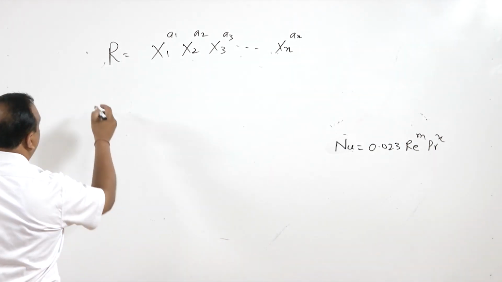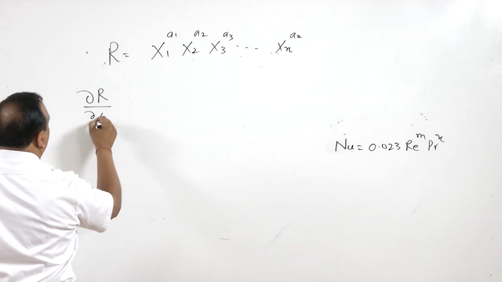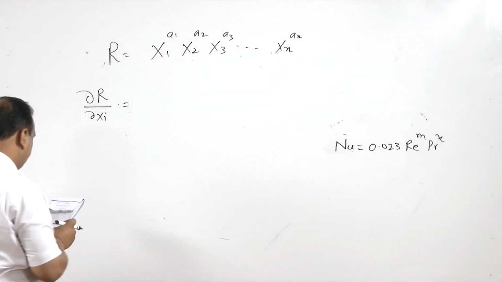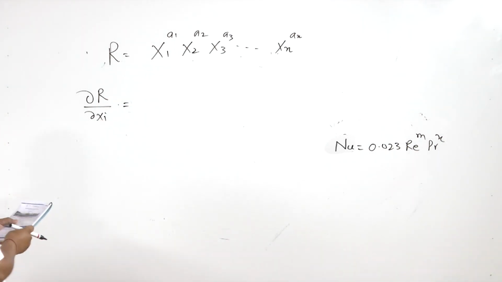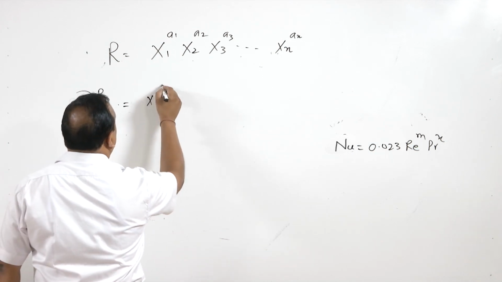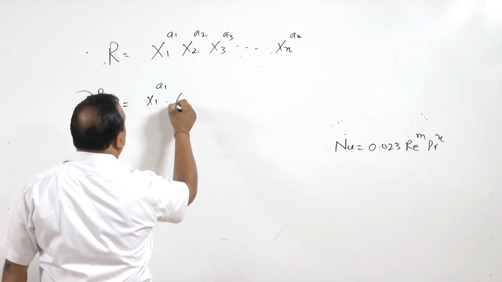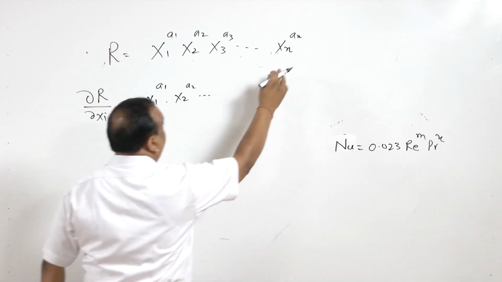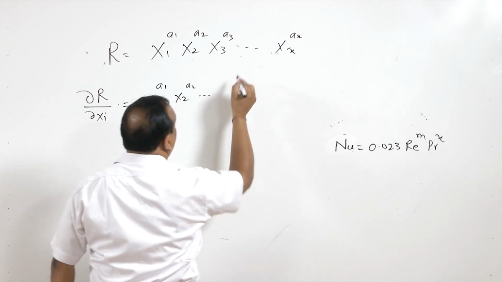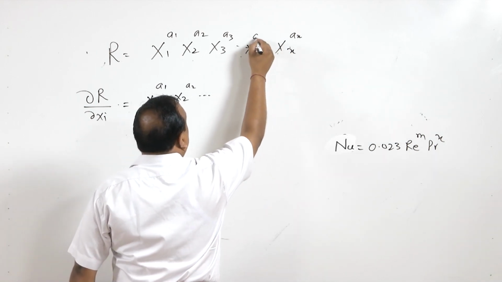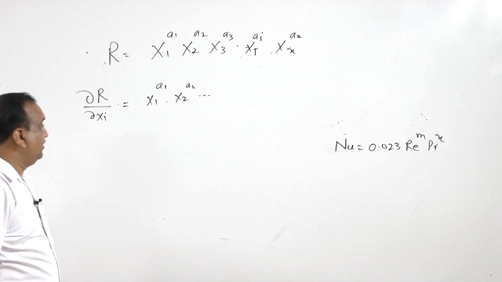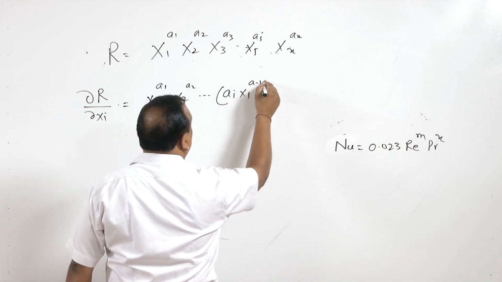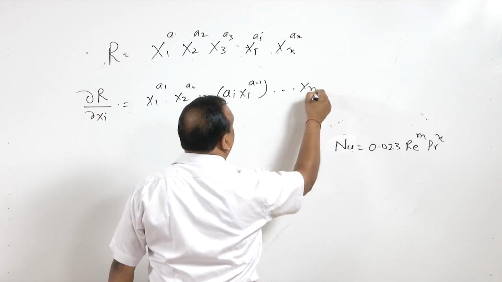So, R is again, del R over del xi, because R is equal to x1 a1 multiplied by x2 a2, and when we differentiate with respect to xi, when we take xi to the power ai, it becomes ai xi to the power ai minus 1, and then we go up to xn.